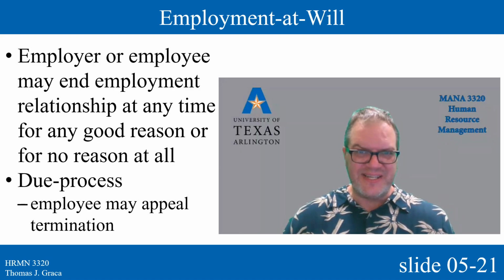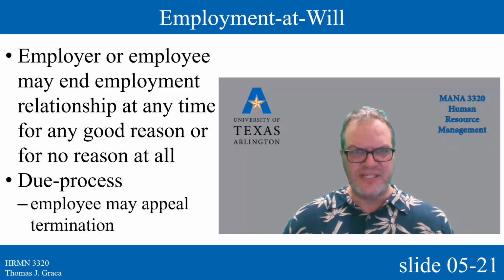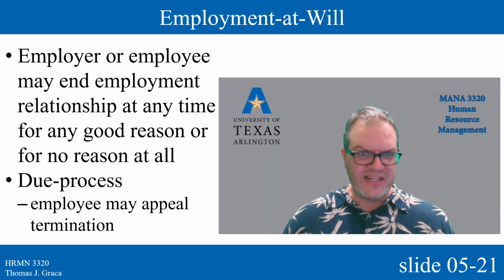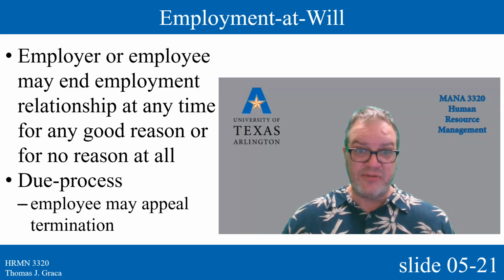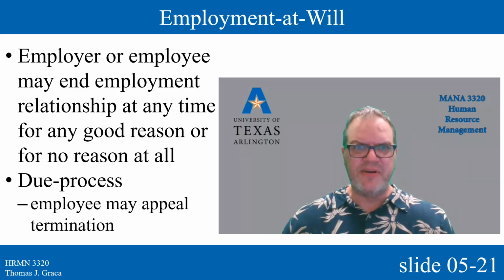If it is the case, though, that the particular position is not an employment at will position, in other words, it's a contract position, either an individual contract between the employee and the employer, or a collective bargaining agreement between the union and the employer, that becomes a selling point, right? The fact that employment is guaranteed for some period of time.